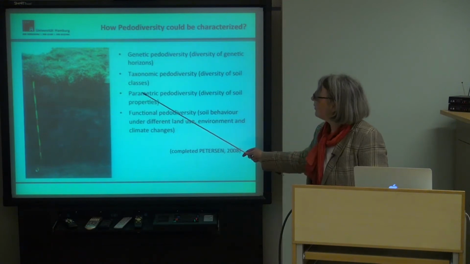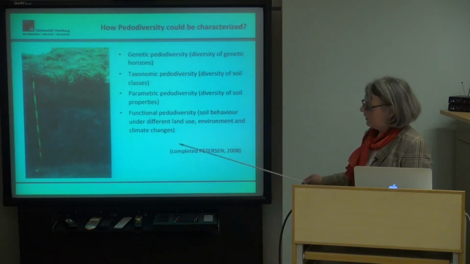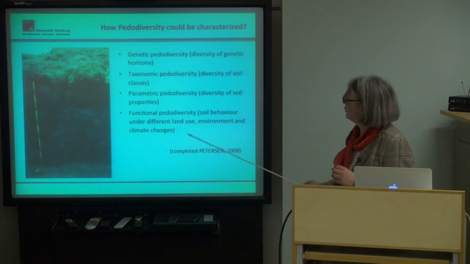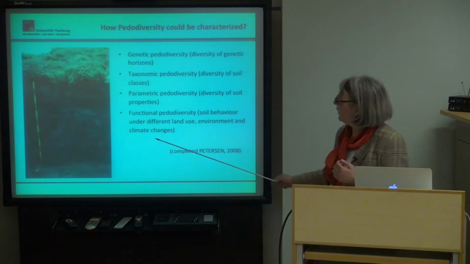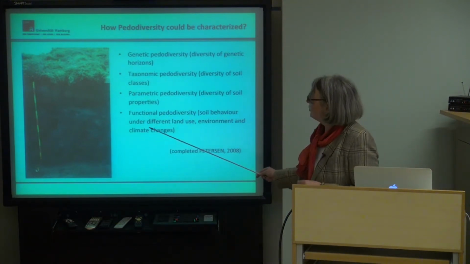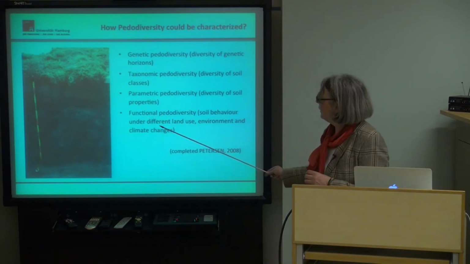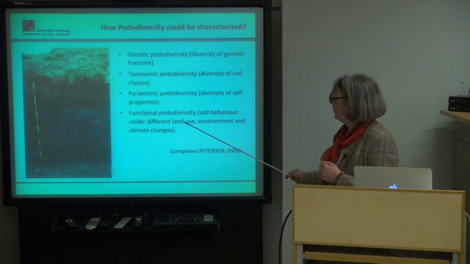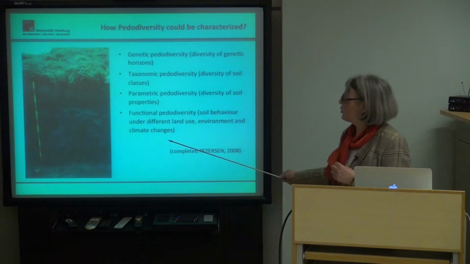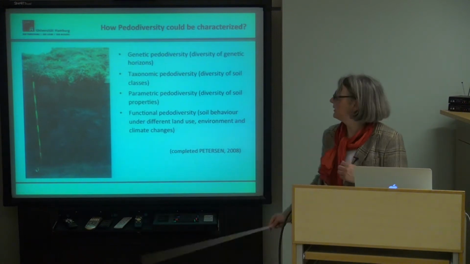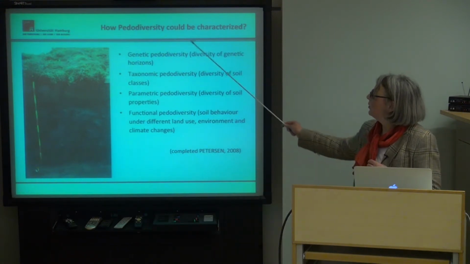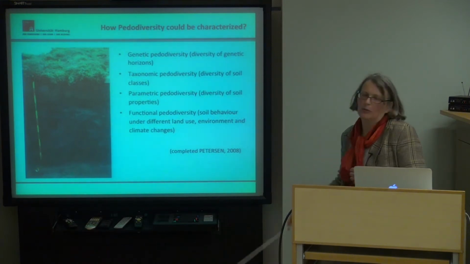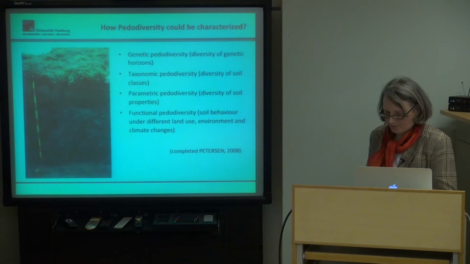Then you have parametric pedodiversity, which depends on the special properties of different soils. You can also try to bring soils together in a functional way: many soils behave differently under different land use, environmental and climate change, and they have functions for other ecosystems. For this presentation we chose genetic and taxonomic pedodiversity.